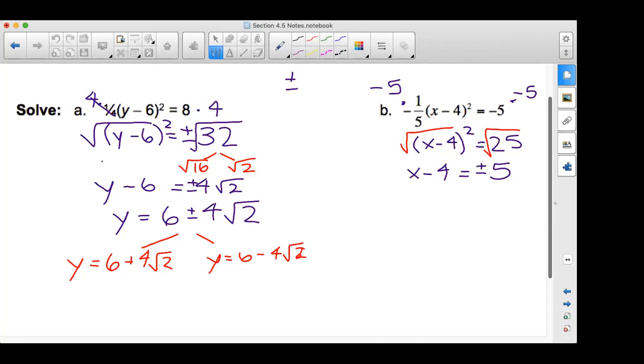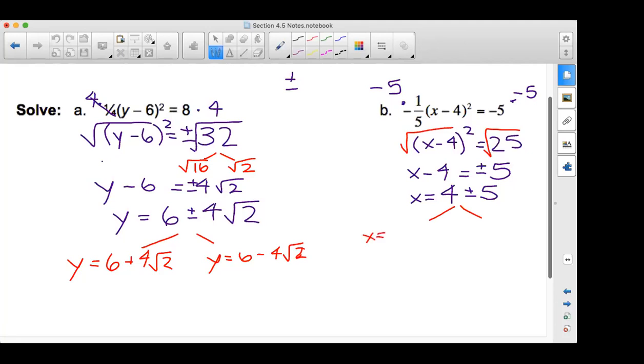So now, what should we do to solve for x? Cody? You add 4 to the right side, and then x equals plus or minus 5. Good. So now we can break this up into those 2 different answers. So what are the 2 different answers here? Lacey?